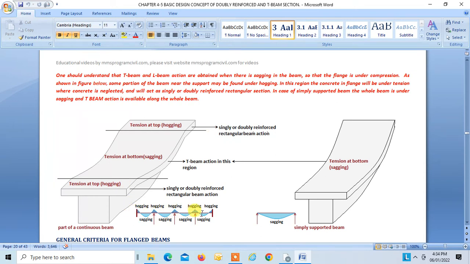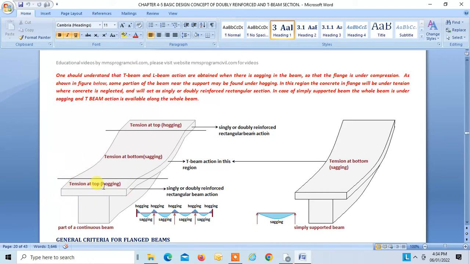So this is your continuous beam with fixed edges. We can see at the support there is hogging moment, and in between we have sagging moment. Near the support, there is tension on the top due to hogging, so the flange will be under tension, and we know that concrete in tension is neglected.